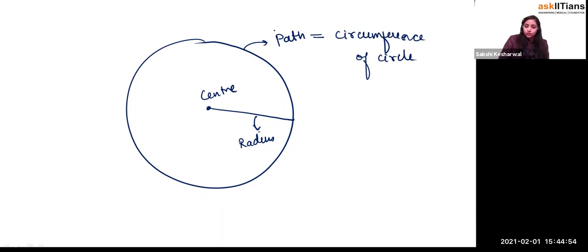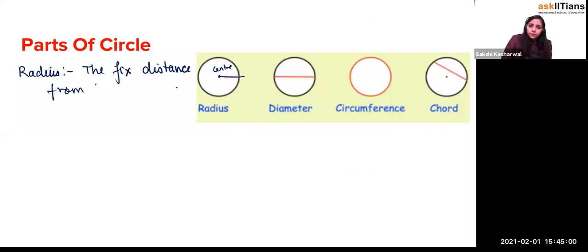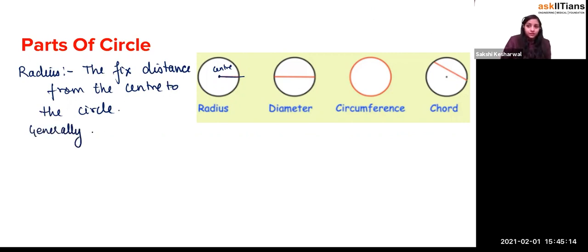Now, the fixed distance from the center to the circle, this is a fixed distance, and we simply denote it by small r. Generally, not specifically, generally, it is written as small r.